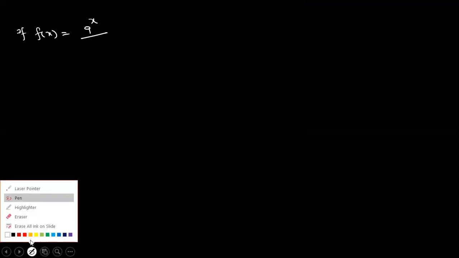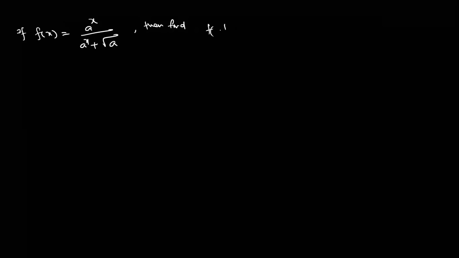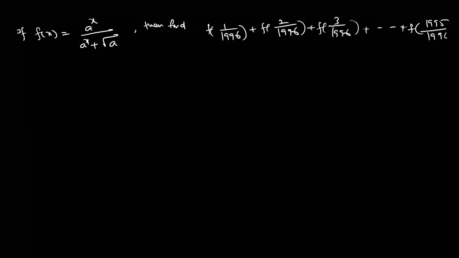Write down: if f of x is equal to a power x by a power x plus root a, dear students, then find f of 1 by 1996, 2 by 1996, 3 by 1996, and so on, up to f of 1995 by 1996. How to solve this one? That is the question. Anyone?